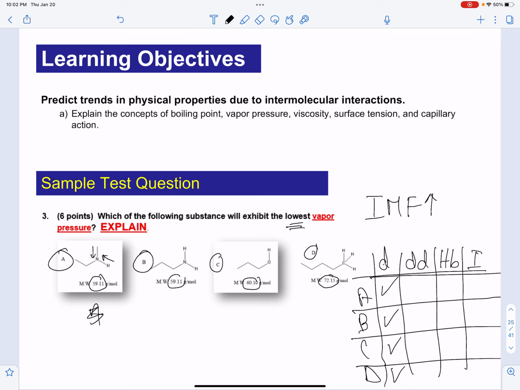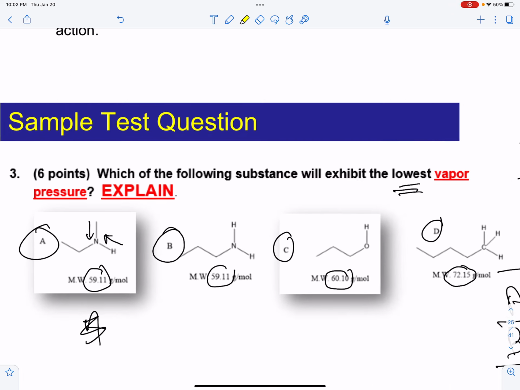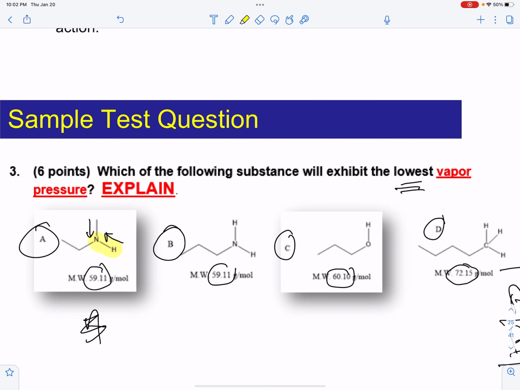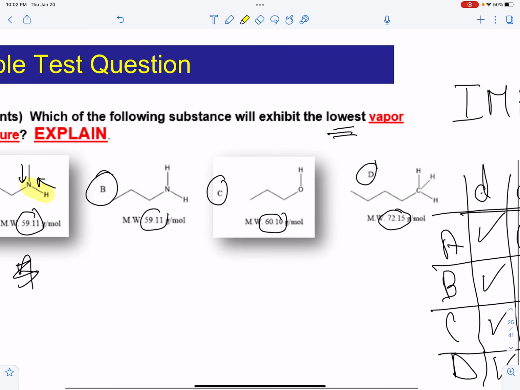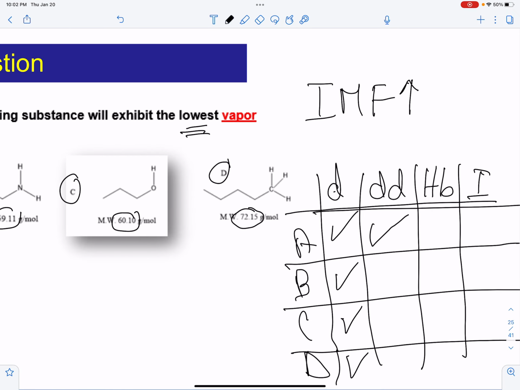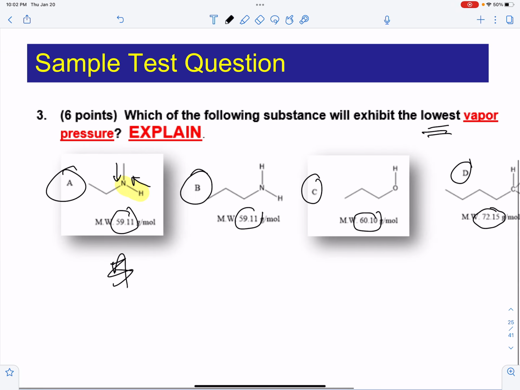You can check the electronegativity and so on. So this one we have dipole-dipole, and also you have NH, which is going to give you hydrogen bonding also. So none of them have ionic. Let's look at the second one.